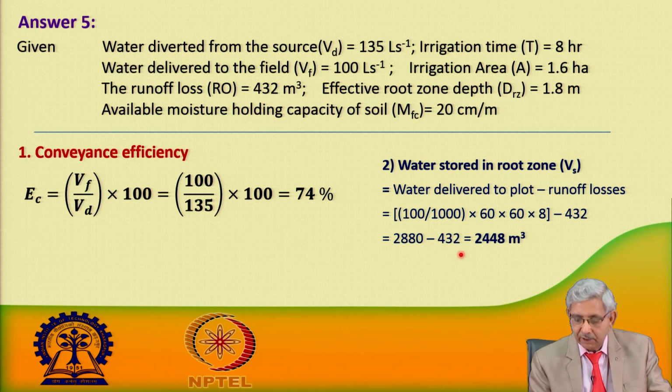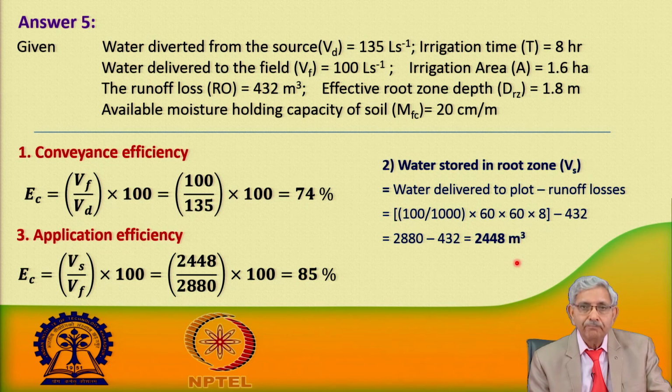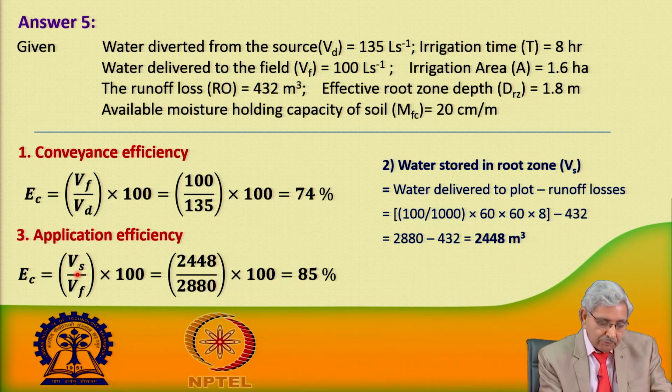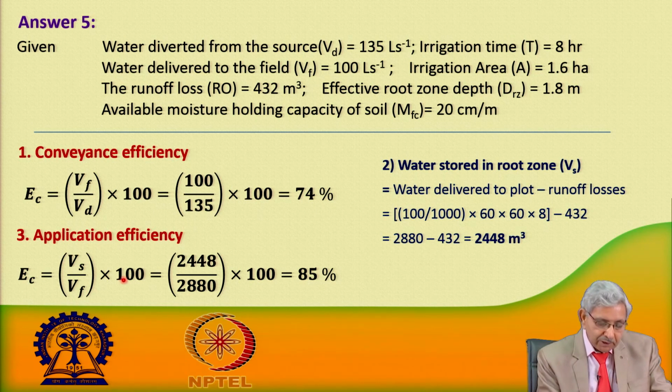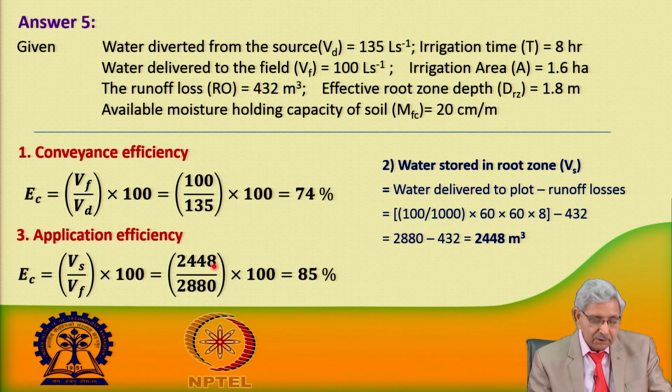2880 minus 432, this is the effective amount of water stored in the root zone depth. Having got the volume of water stored in the root zone, divided by the volume of water diverted to the field and multiplied by 100, will give us the water application efficiency.